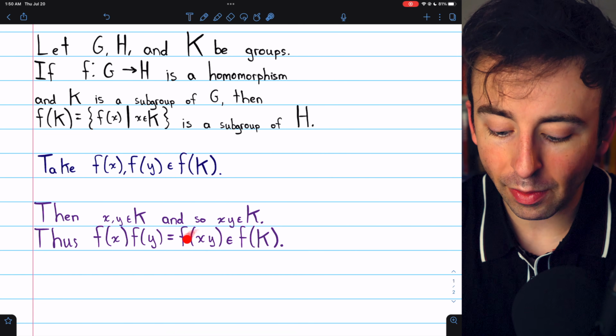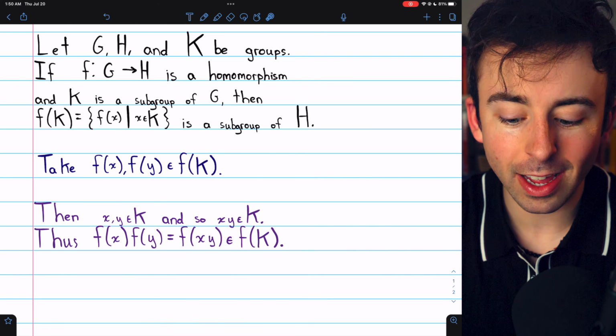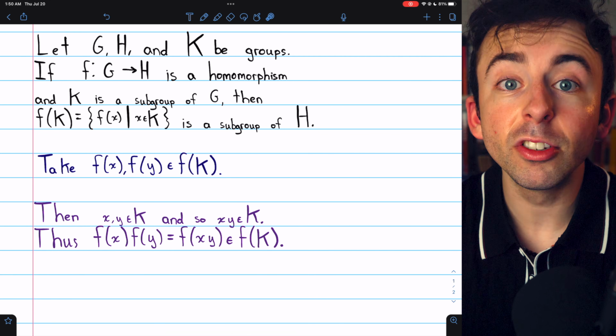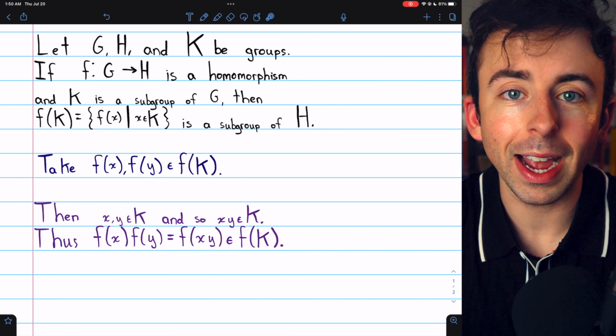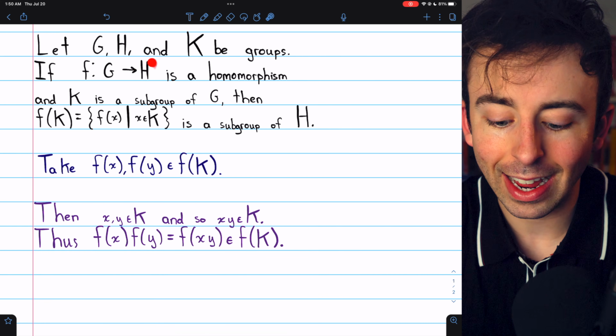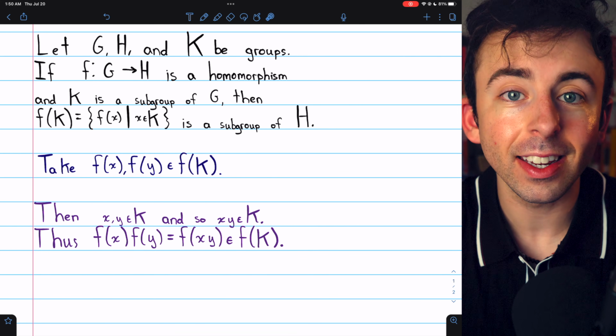But we know that f(xy) is an element of the range f(K) because xy is an element of K. So indeed, the range f(K) is closed with respect to the group operation, the group operation in this case being that of H, since f(K) is a subset of H.